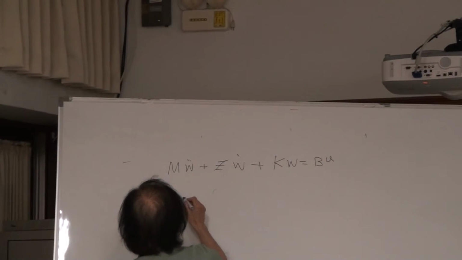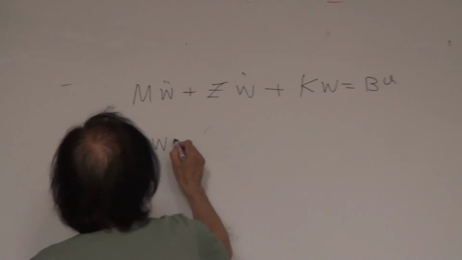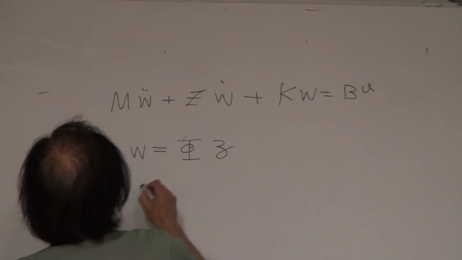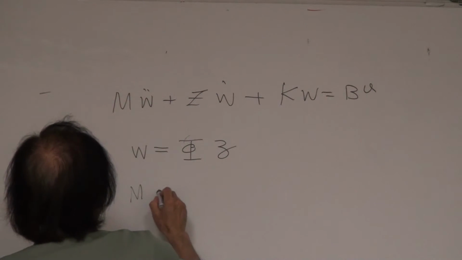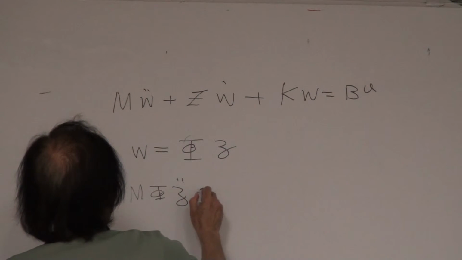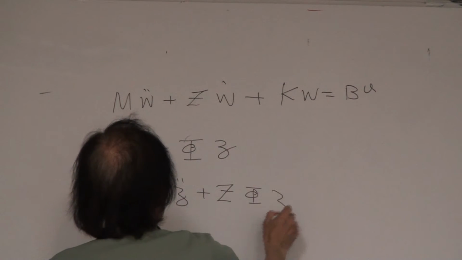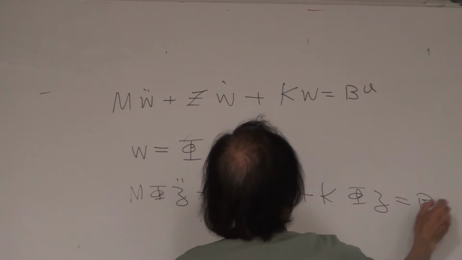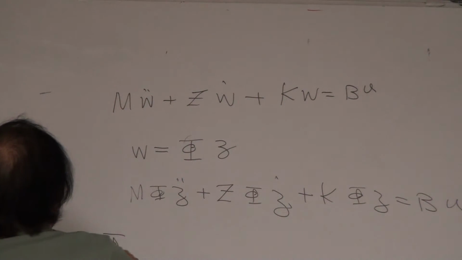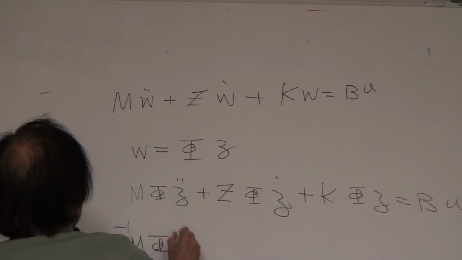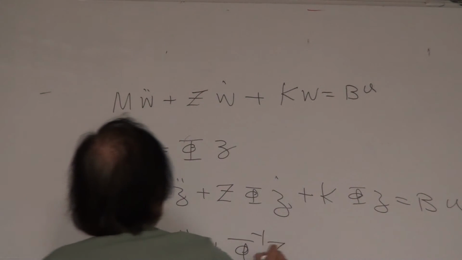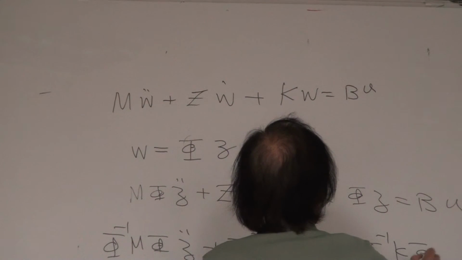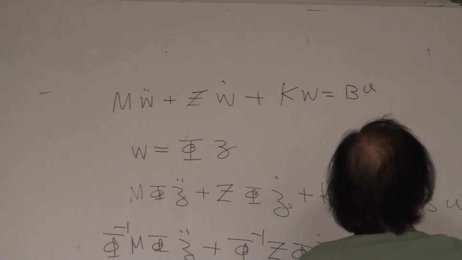Now if I have a transformation like this, w equal to phi z, that's my new coordinate, then I can write M phi z double dot plus zeta phi z dot plus K phi z equal to B u. Then multiply the whole equation by phi inverse: phi inverse M phi z double dot plus phi inverse zeta phi z dot plus phi inverse K phi z equal to phi inverse B u.